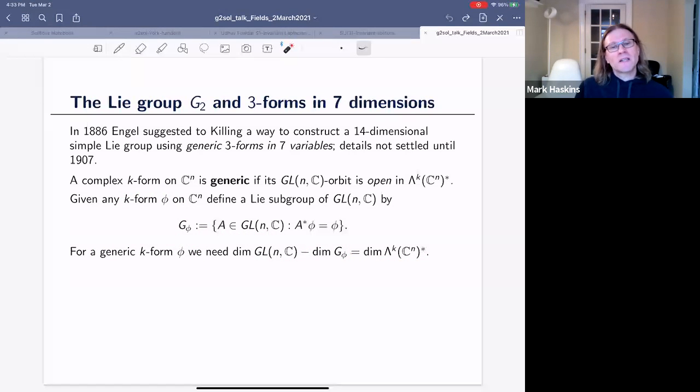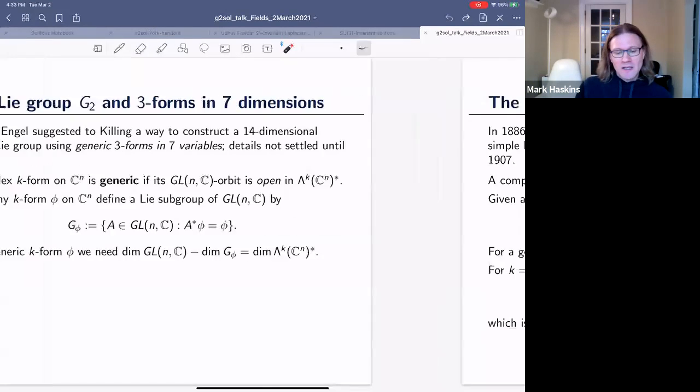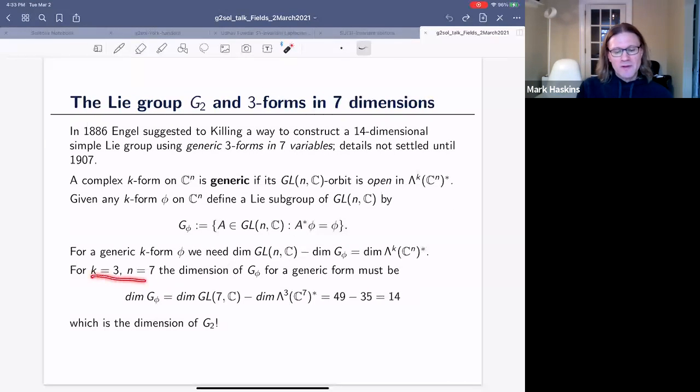In general, as we make the dimension too large, there will be no way for this to be true. But in the special case of 3 and 7, this is 49, this is 35, the difference is 14, which is indeed the dimension of G2, so this is at least plausible.